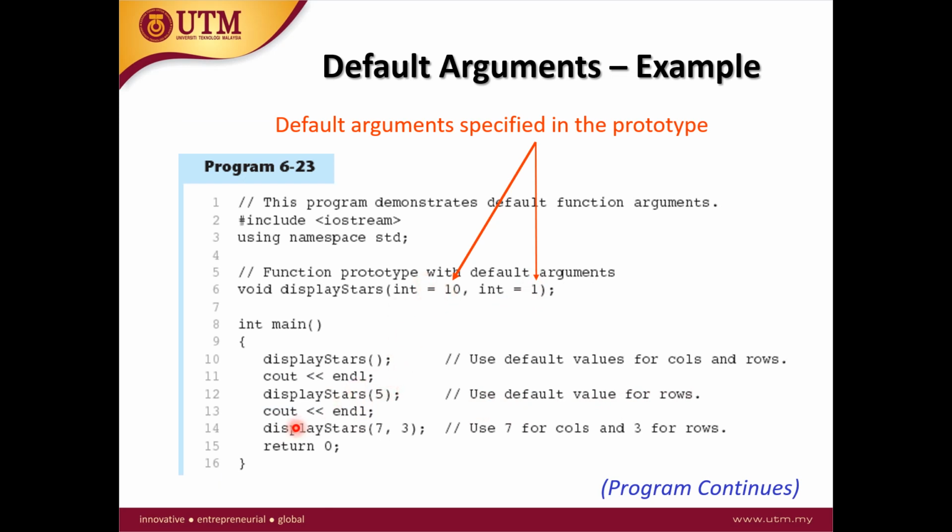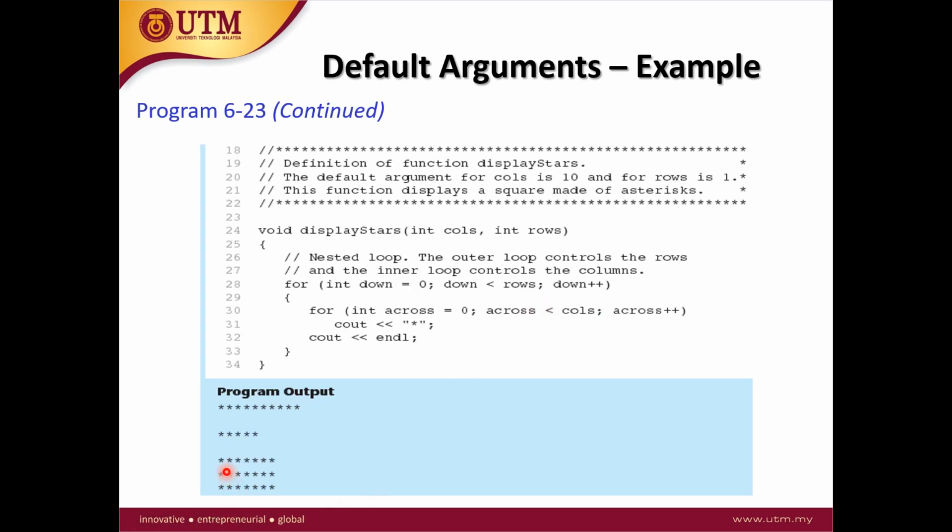But here we are calling that function but sending 2 parameters, so the function doesn't take the default argument. So this 7 is going to be for the columns and the 3 is going to be for the rows. So we will be having 7 cols and 3 rows. This is how a default argument works.